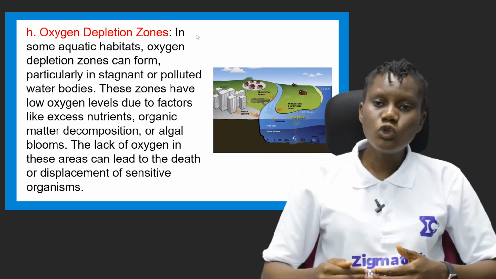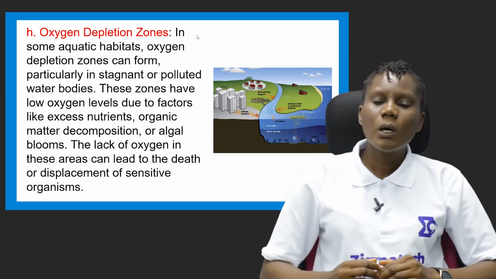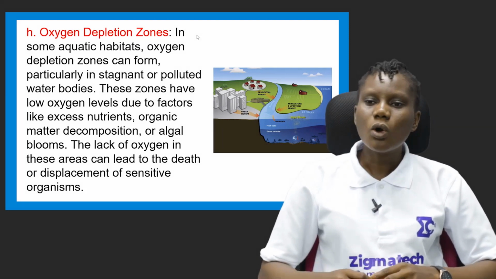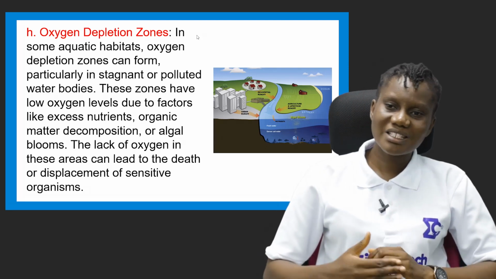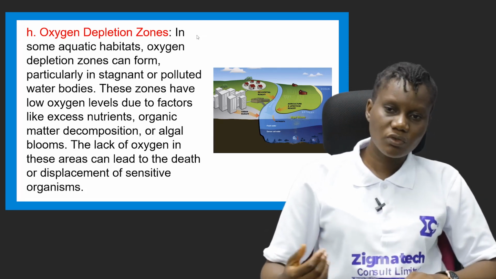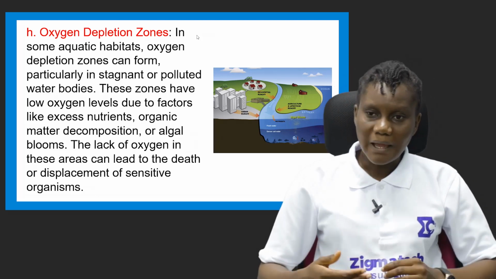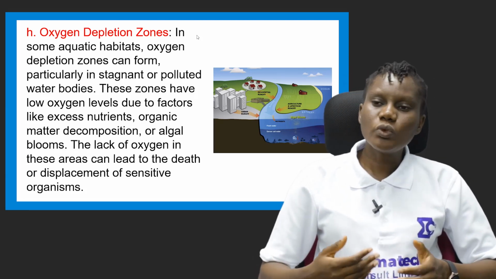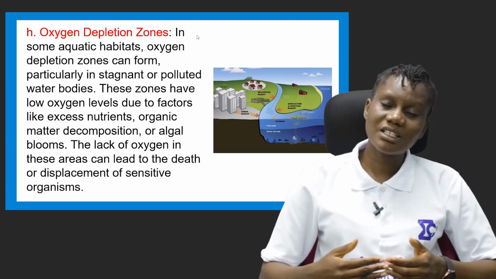So these zones have low oxygen levels due to factors like excess nutrients, organic matter decomposition, or algal blooms. The lack of oxygen in these areas can lead to the death or displacement of sensitive organisms. And I know I've said it over time that the organisms are interdependent.